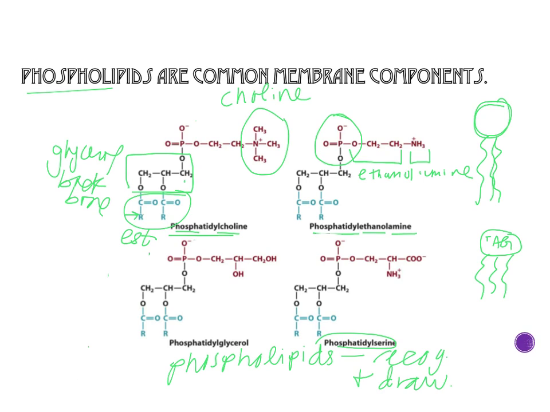So this is the backbone, NCC, and then the side chain is going this way, so CH2OH. That's phosphatidylserine. And then phosphatidylglycerol. Here's the glycerol, carbon 1, carbon 2, carbon 3, and they all have what was an OH.